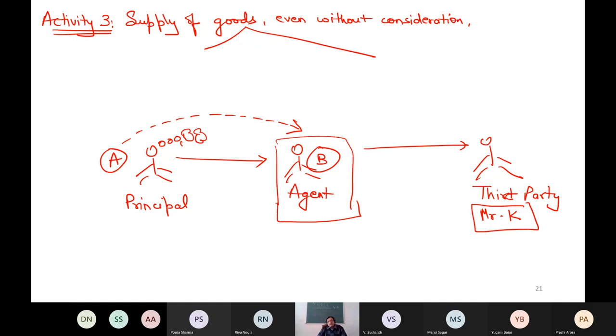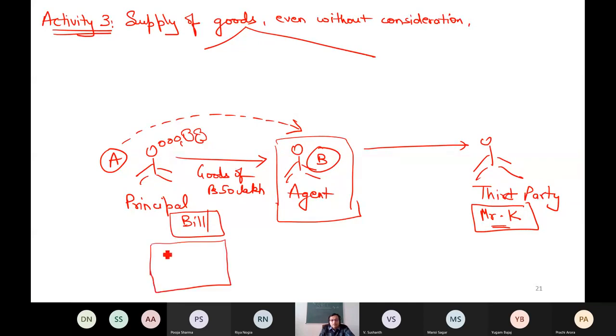But when you say the agent is acting on behalf of the principal, how do you make sure I'm acting on behalf? If goods are supplied, for example, goods of 50 lakh are supplied to the agent, and A said that you supply it to Mr. K. So when A will issue the tax invoice or the bill, whatever is the concept, in this bill the name of the principal will be written.